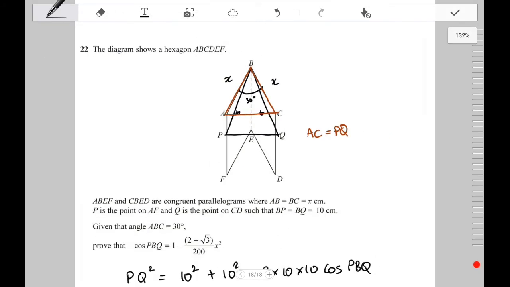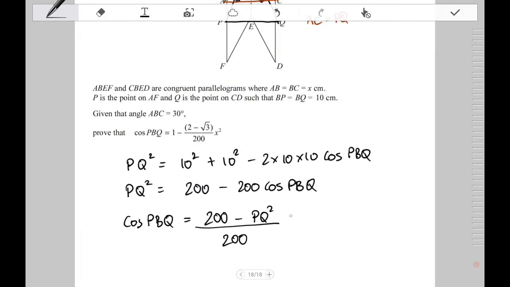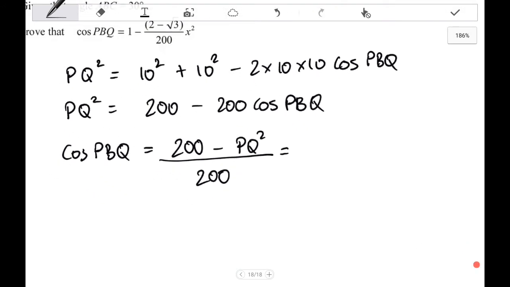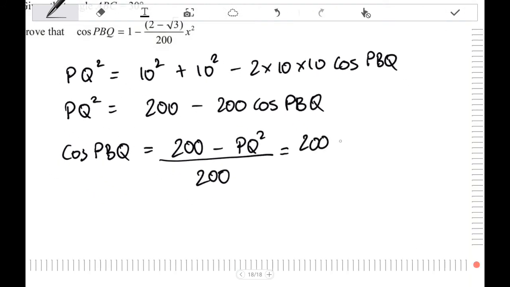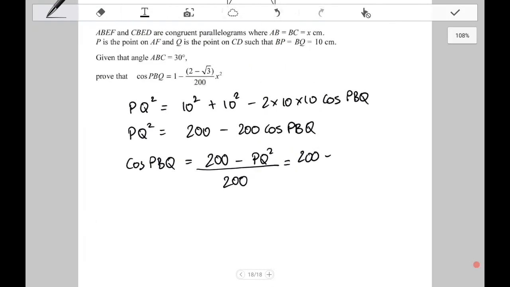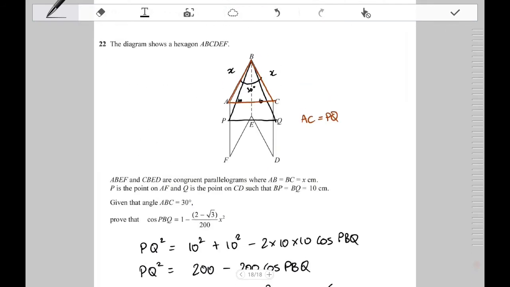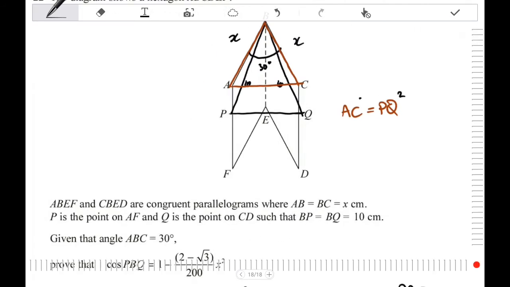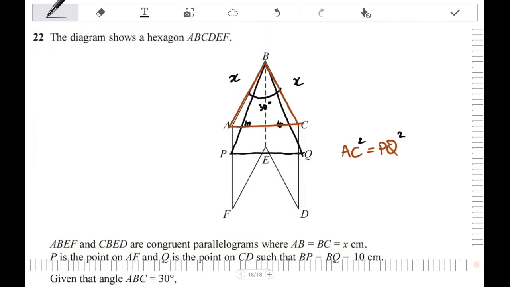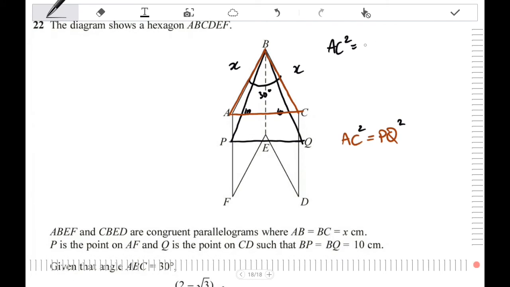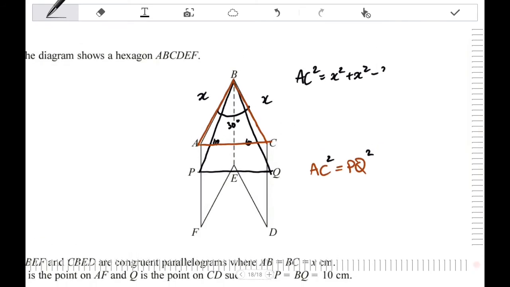I can work out what PQ is. So 200 minus PQ squared. PQ squared, we said, is the same as AC squared, which here, using this triangle that we've drawn, AC squared equals x squared plus x squared minus 2bc.